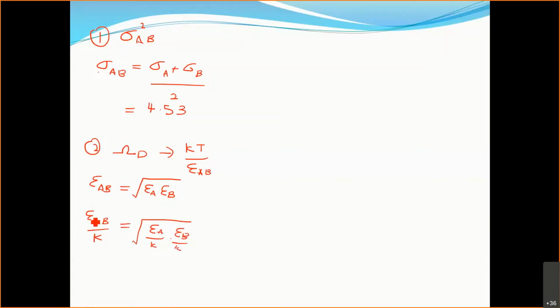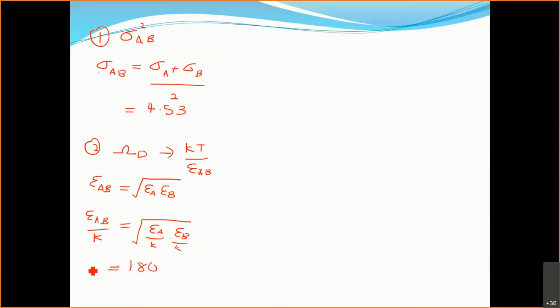Okay, so I have just changed the value here, and by substituting the value, you can find the value of epsilon A over K, epsilon B over K in our table. So you'll get the value of epsilon AB over K is equal to 180.